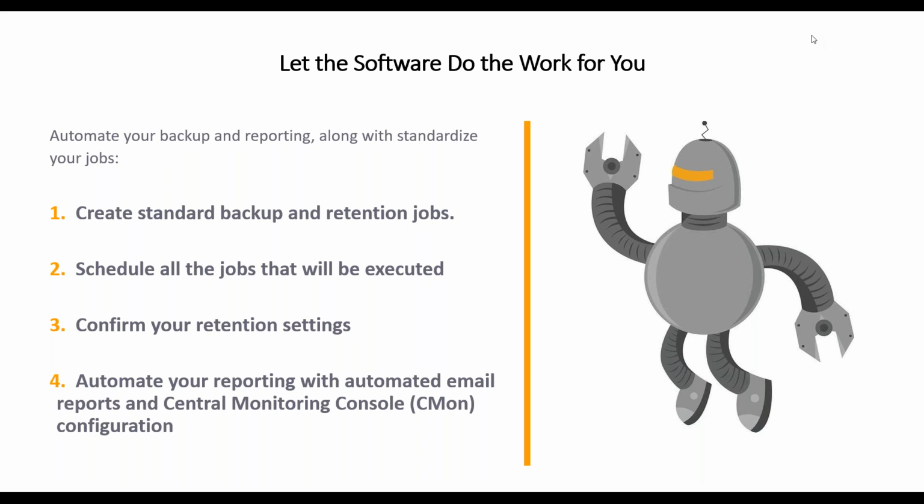Automate as much as you can. And that's including the reporting, whether it's email reporting or using our free tool, the central monitoring console. Anything like that, you need to make sure it's as automated as possible, so there's no reliance on anyone manually doing anything, manually kicking off a backup job or anything like that.